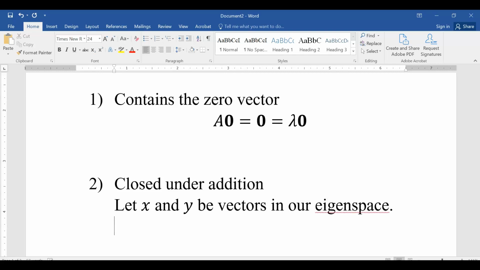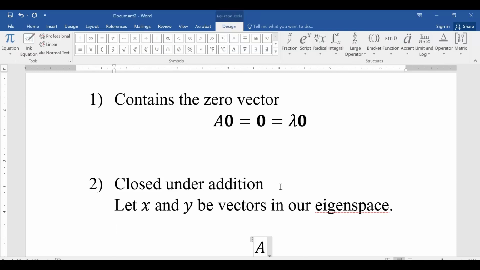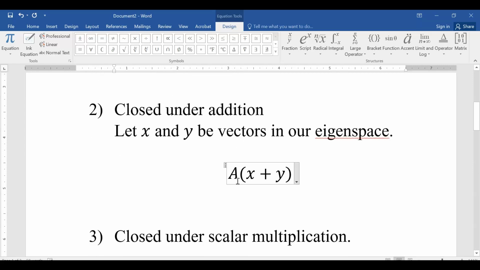Let's see what multiplying the matrix A times the sum x plus y does. We've done this trick before. Matrix A times x plus y, we can distribute: Ax plus Ay.